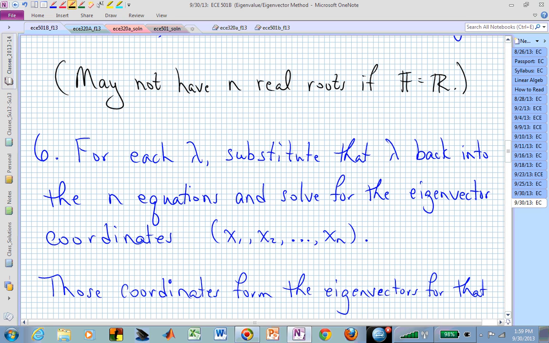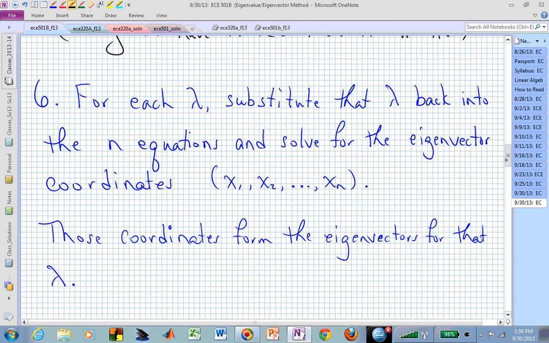We now have non-zero coordinates for x1, x2, x sub n that will indeed solve those n equations in the n unknowns for those coordinates, and that will now give us the eigenvectors for that particular lambda.